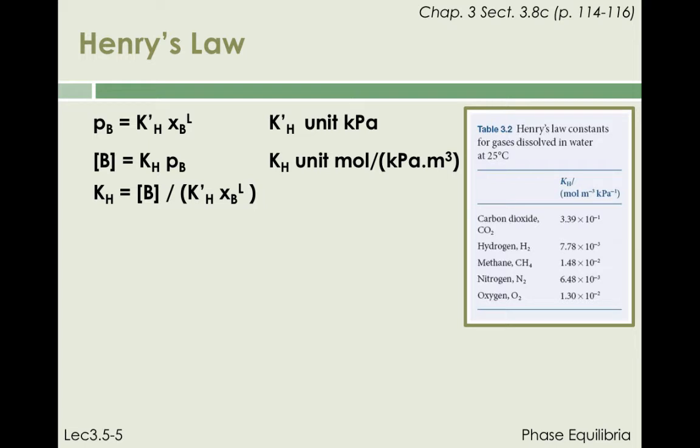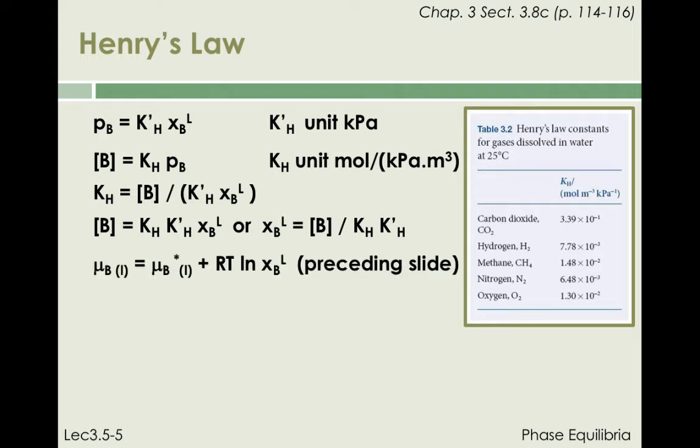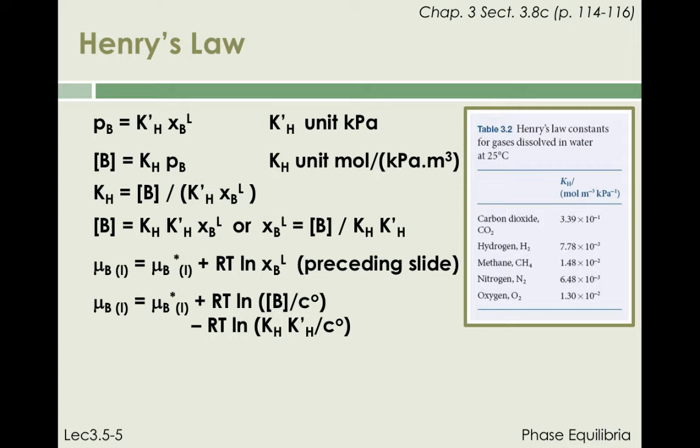Rearranging the above equation, we get molarity of B equal to the product of K sub H, K prime sub H, and X_B^L, or X_B^L equal to molarity of B divided by the product of K sub H and K prime sub H. Then we use this expression of X_B^L in the expression of the chemical potential of the solute B in a very dilute solution derived on the preceding slide and obtain mu B in the liquid or solution phase equal to mu B star liquid plus RT times the natural log of the molarity of B minus the natural log of the product K sub H times K prime sub H.